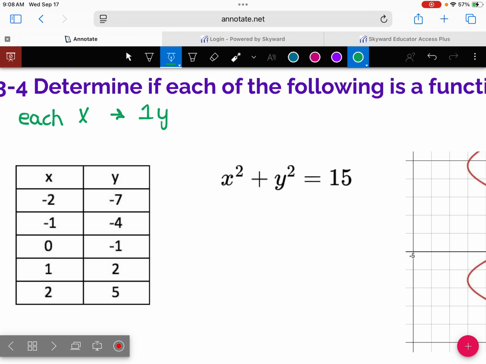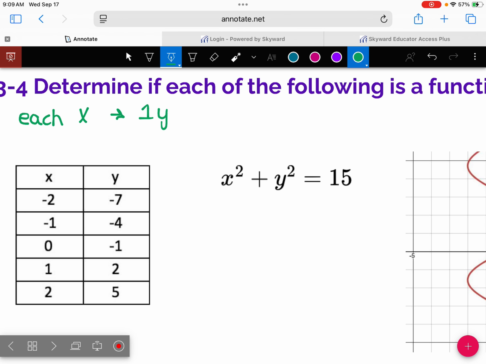So here we've got an x of -2 with a y of -7, x of -1, x of 0, x of 1, and x of 2. Do we have any x values that have more than one answer over here? No. So each x value goes to only one y value, that's a function.